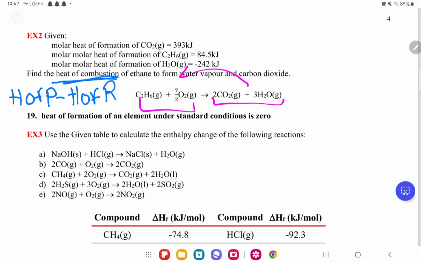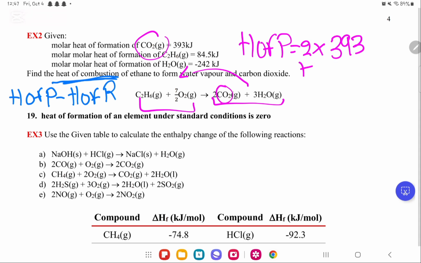So what's the heat of CO2? It's 393 kilojoules, so heat of products is equal to 2 times CO2, which is 393 kilojoules, plus 3 times H2O, which is negative 242 kilojoules. If we're gonna do it, it's gonna be 2 times 393 plus 3 times negative 242.